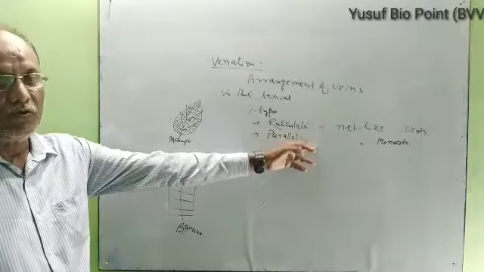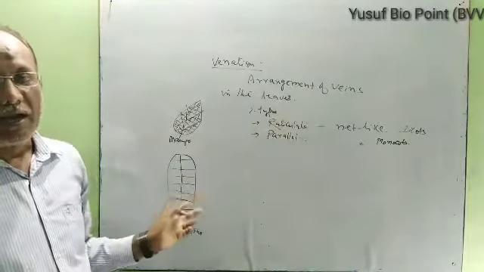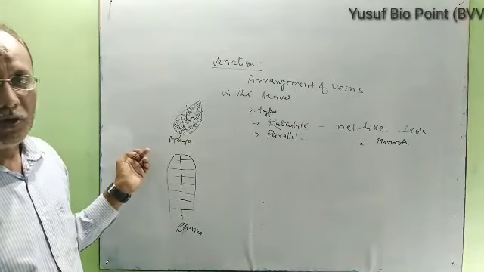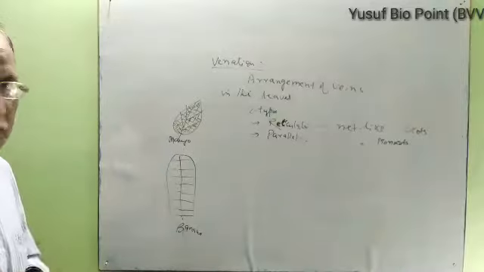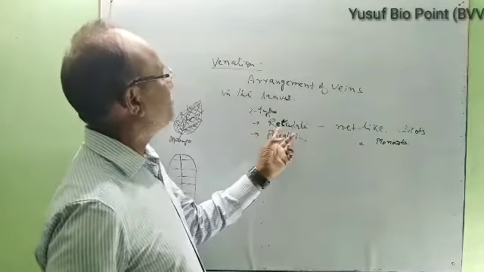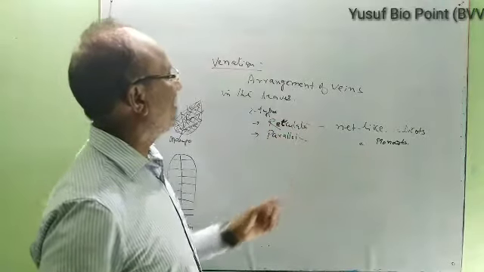It is found in monocots, it is found in dicots, and here is example banana, here is example mango. Now venation we have studied, that is of two types, reticulate and parallel.